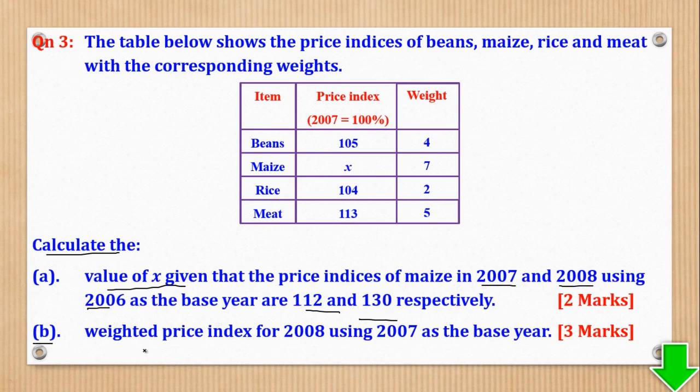Then part B, the weighted price index for 2008 using 2007 as the base year. So this word 2007 equal to 100% is there to mean that this year 2007 is the base for these price indices.